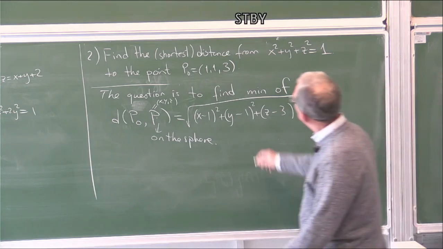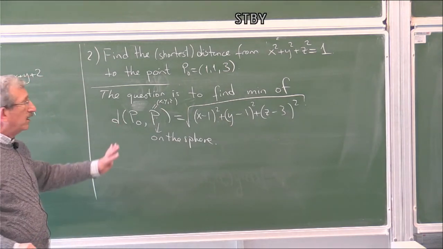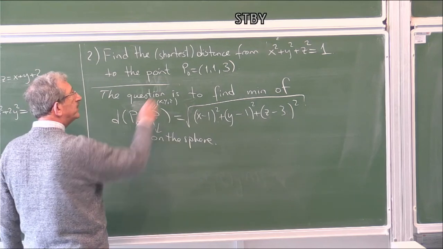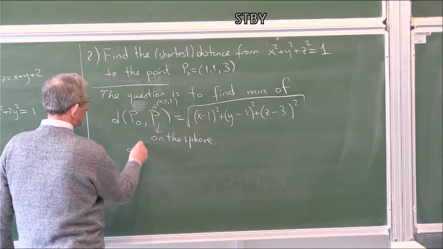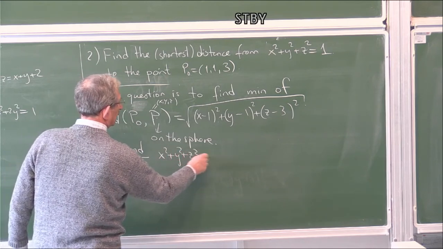So we want to minimize this function, which has 3 variables, by the way. But the point x, y, z is chosen from the sphere. So we have x squared plus y squared plus z squared is 1.